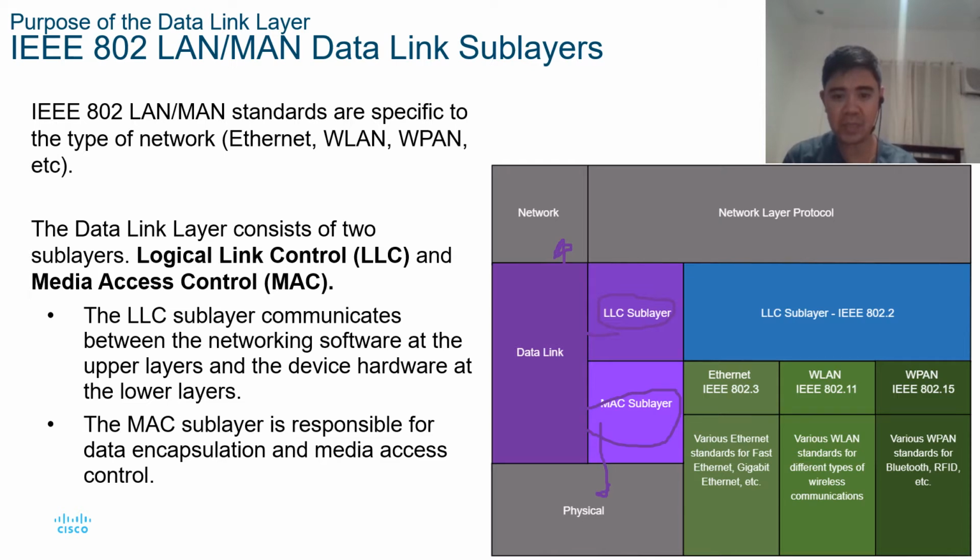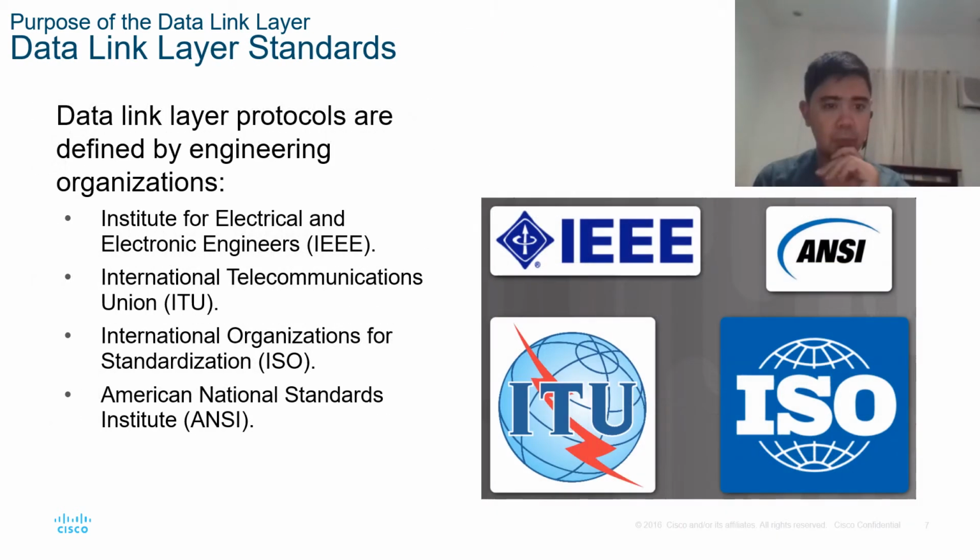So again, LLC is going to the network layer, MAC is to the physical. Aside from the LLC and MAC, there are also other protocols under the data link layer developed by these organizations: ISO, ANSI, and ITU.